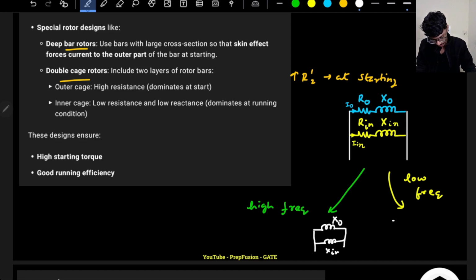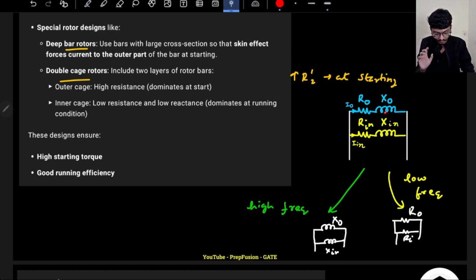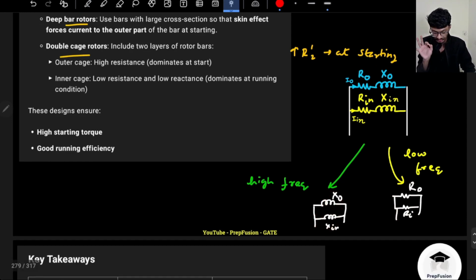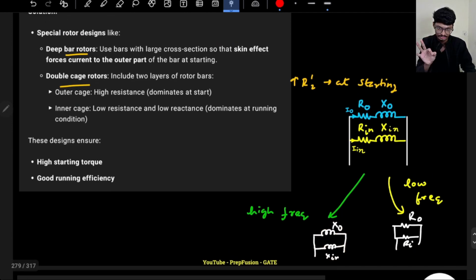And here the circuit will be equivalent to this, with outer resistance and inner resistance. Why? Because at frequency 0 the reactance is simply a short circuit, so only resistances are there. At high frequency, the reactance will dominate. Due to skin effect, the internal reactance will be higher than the external reactance due to the flux linkage. This has already been discussed.